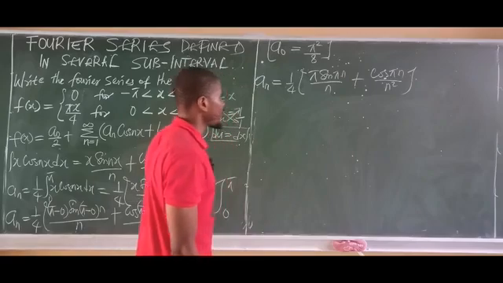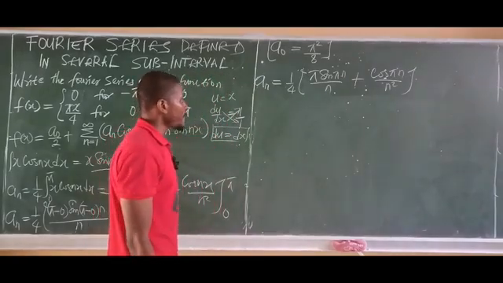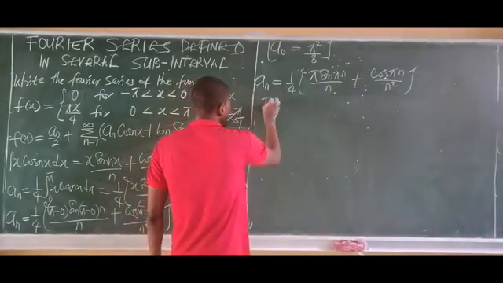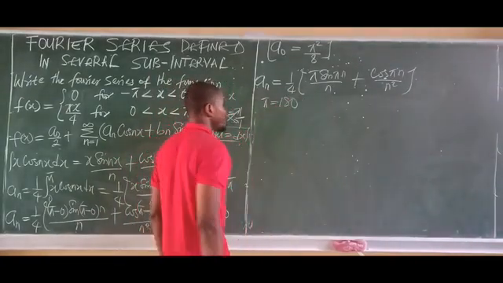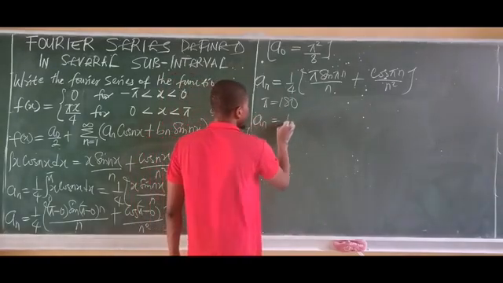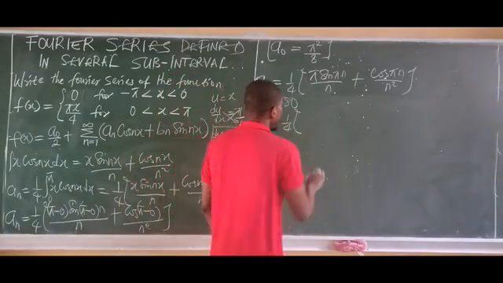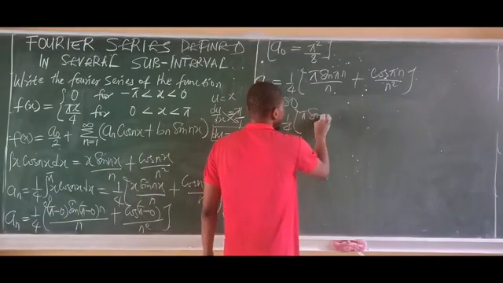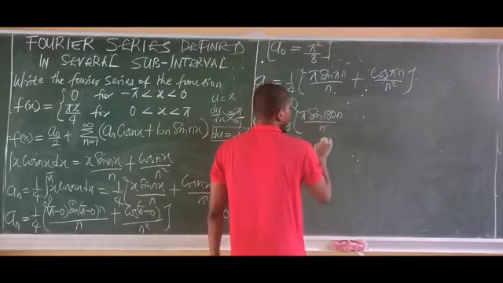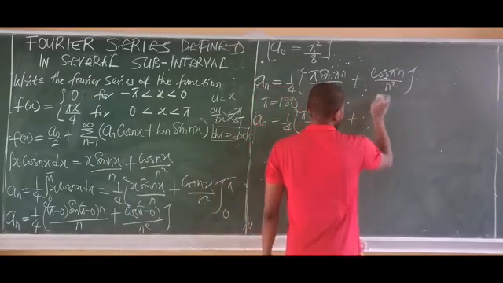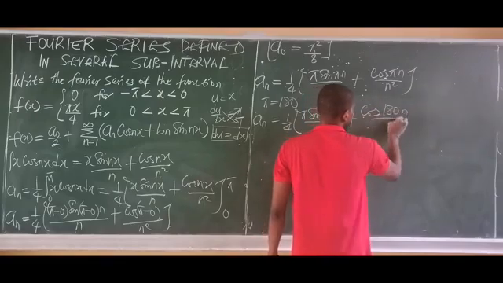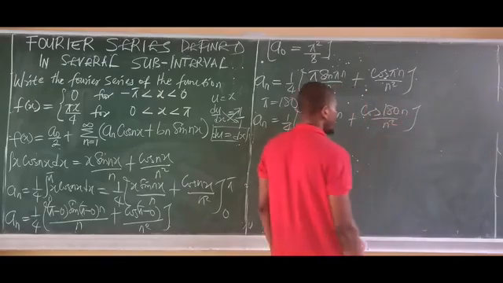Now, I've said in front of a trig function, pi always appears as 180 degrees. Pi is equal to 180 degrees in front of a trig function. So this means that an is equal to 1 all over 4 into, this is pi sine, in place of pi n it becomes sine 180 n all over n plus, in place of cos pi here, this becomes cos 180 n all over n squared.